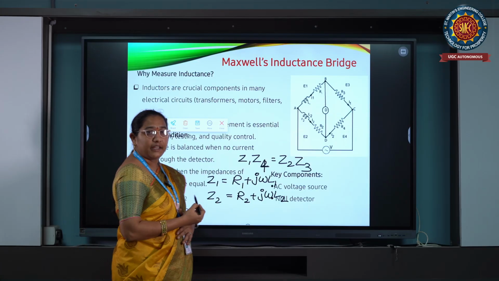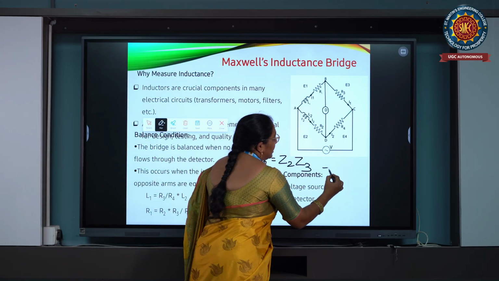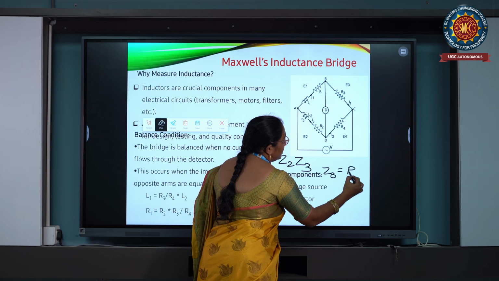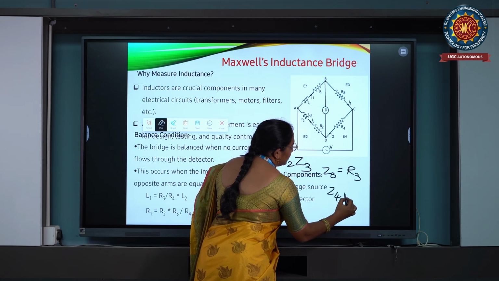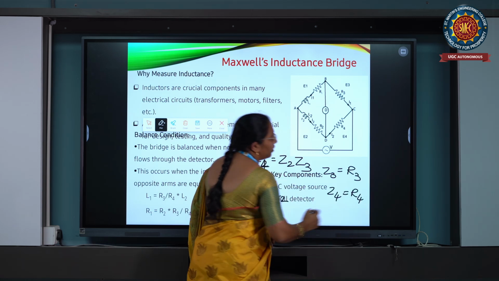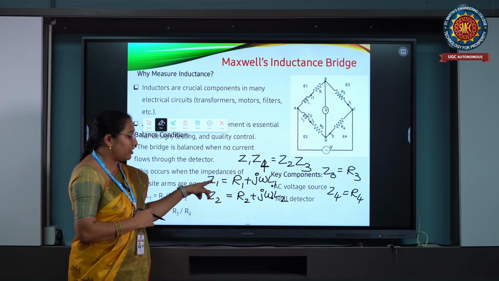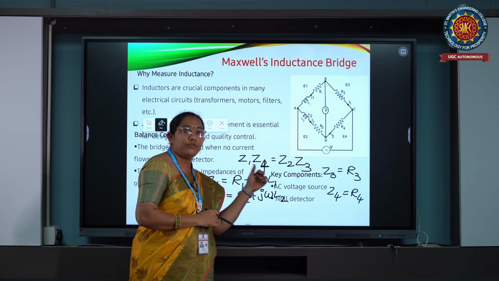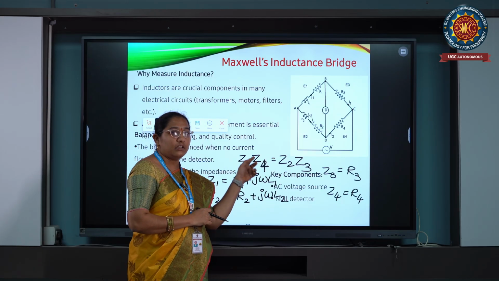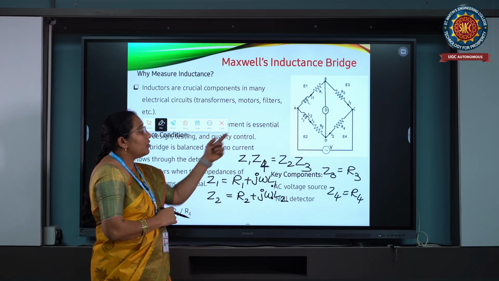What are the Z3 and Z4 values? Z3 is R3 and Z4 is R4. By substituting these impedance values in the balance equation, we will get the unknown resistor and unknown inductor values.